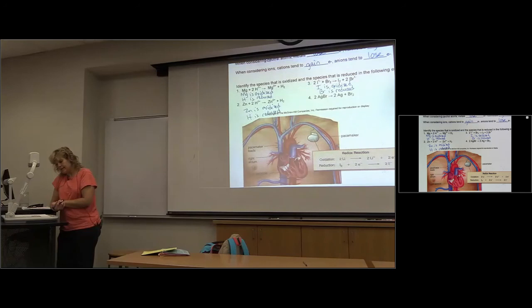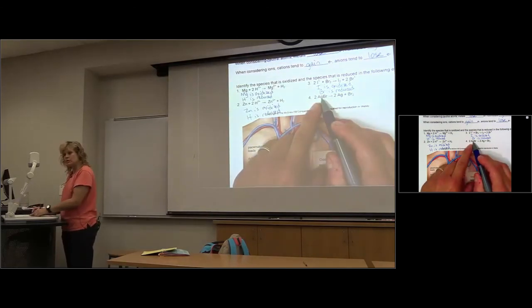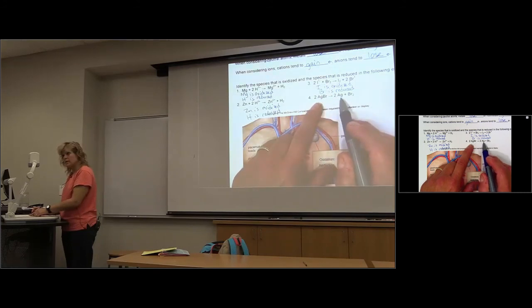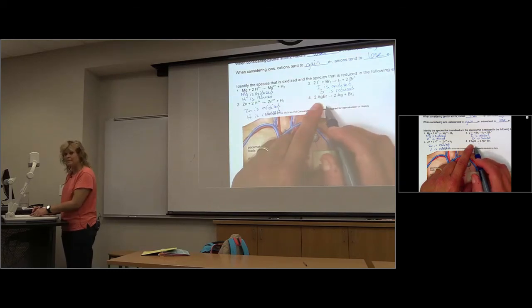In the next example, they don't have charges given, so you have to figure it out. What is silver's charge here? What's bromide's charge here? So what's silver's charge here? +1. So silver goes from +1 to no charge. It had to gain.